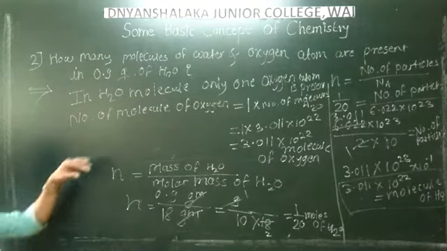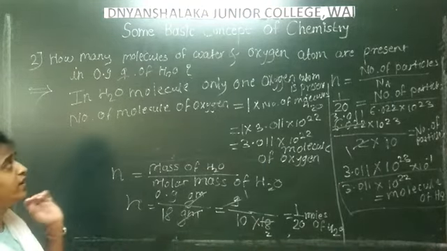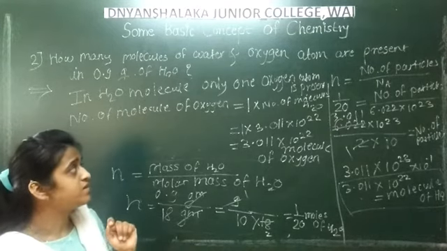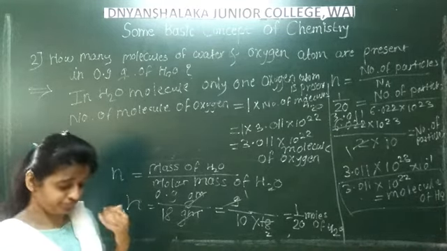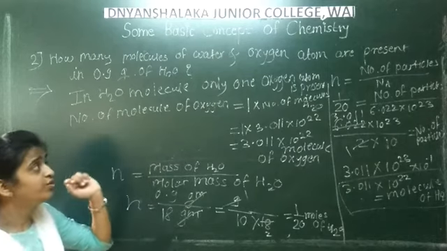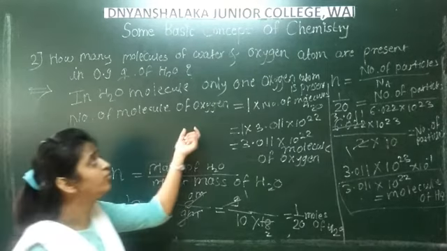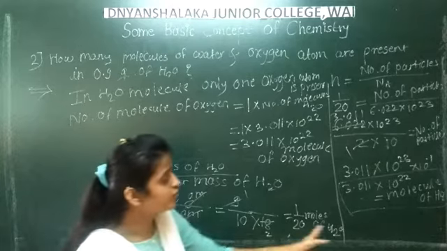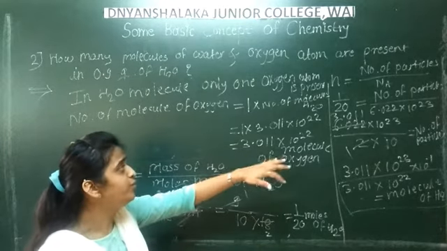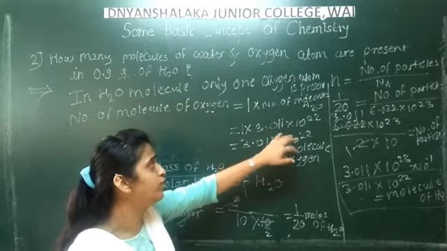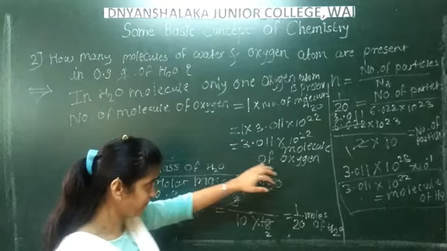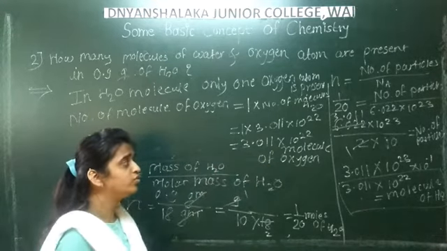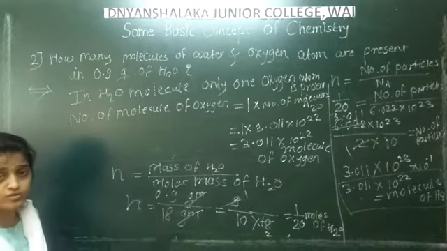In a water molecule only one oxygen is present, so the number of oxygen atoms is 1 into the number of molecules of water. So the answer is 3.011 into 10 raised to 22 atoms of oxygen.